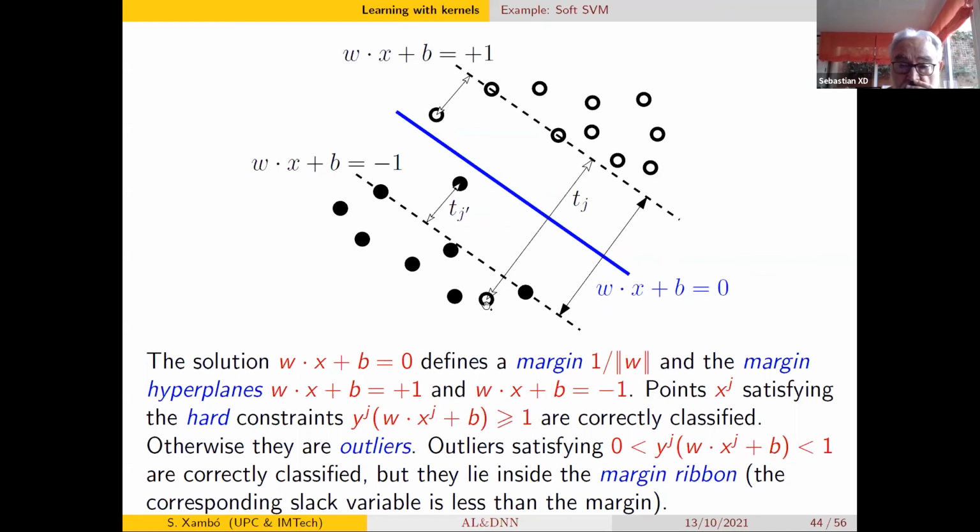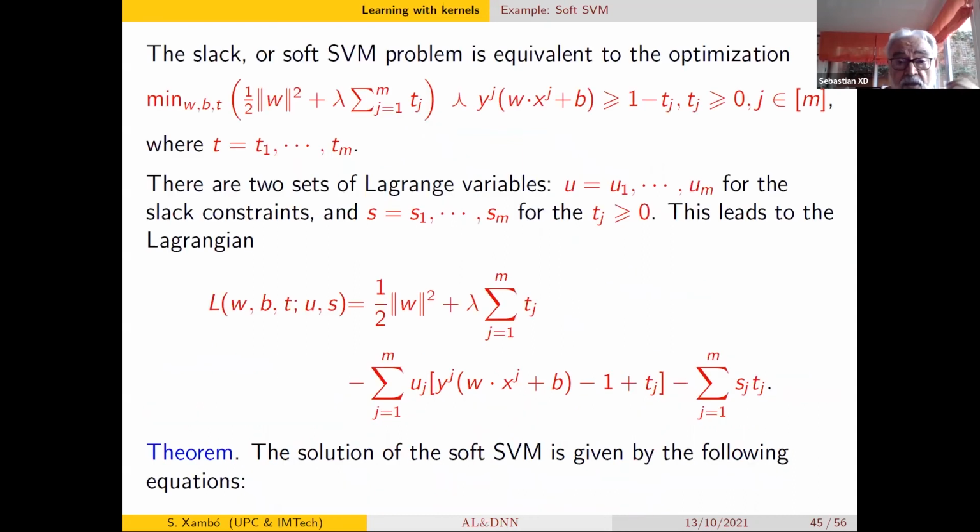Okay. Now how are we going to make sure that these assertions are correct? Well, we have the machinery right in place. I am going to call the hard support vector machine the one explained the day before and reviewed today, and the soft or slack support vector machine the one that has the slack variables.